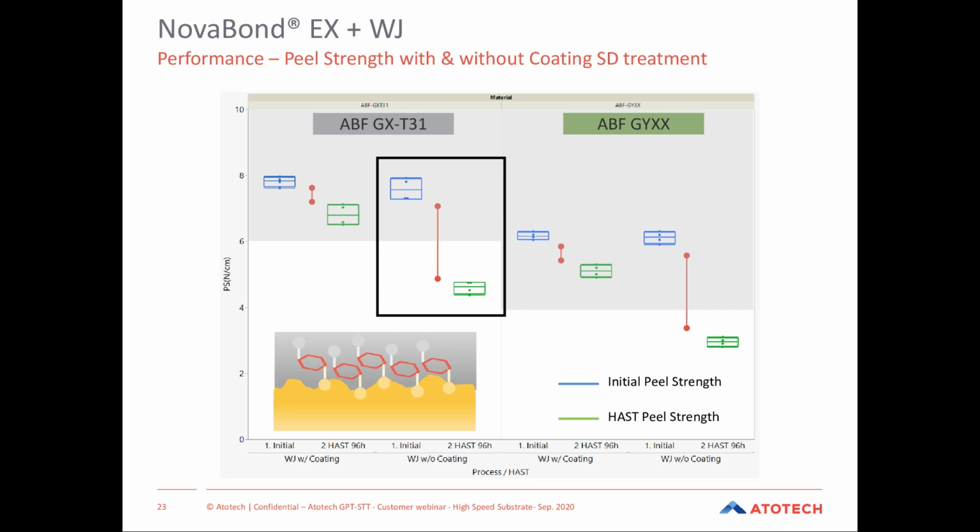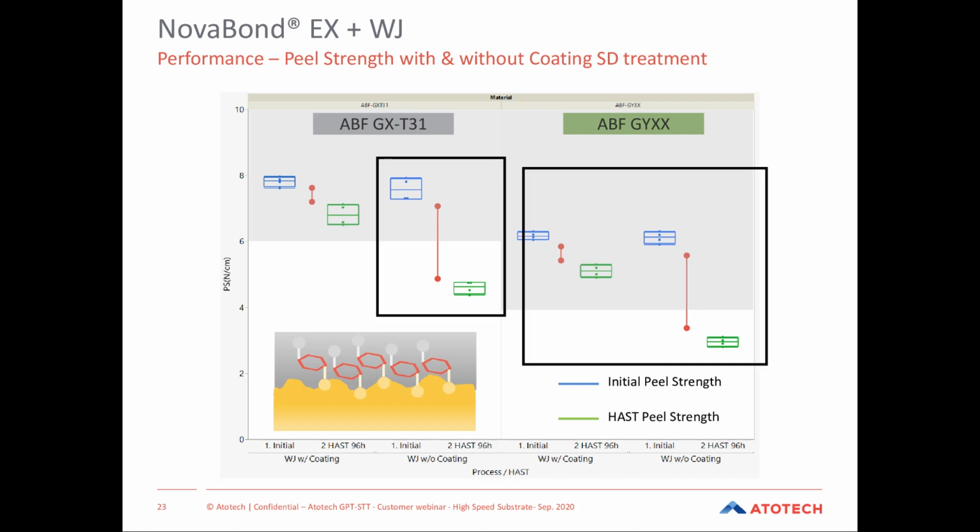When we put the adhesion coating on top, we only see a slight drop of adhesion, which is almost within the error bar. We could observe the same behavior for the other material. Also no significant drop of adhesion after the HAST when we apply the silane coating on top. So I could conclude that Novabond EX plus WJ can provide excellent adhesion for different kinds of materials used for ABF substrate production.